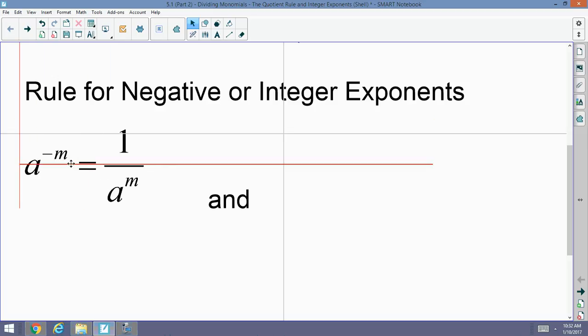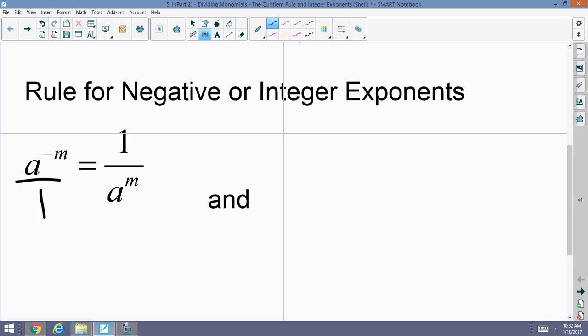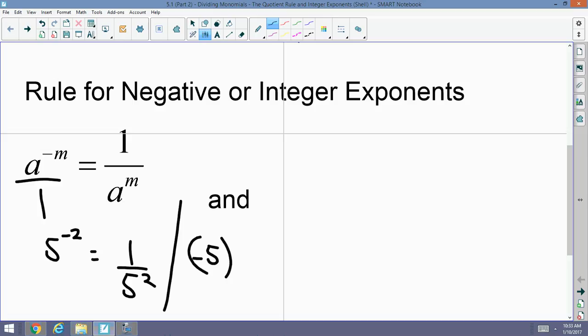I'm going to explain real quick with a little mini example. If I have 5 to the negative 2, that will equal 1 over 5 squared. However, if I had negative 5 to the negative 2, this will equal 1 over negative 5 squared.